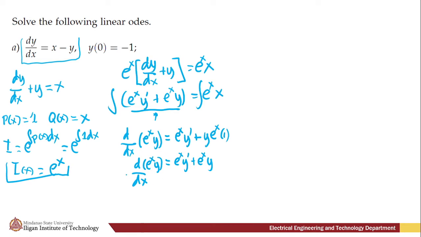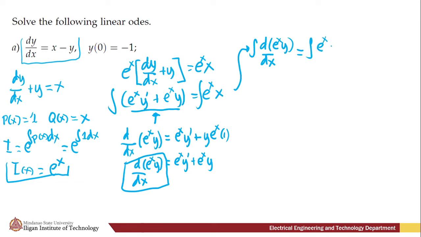So now we can substitute this back into our differential equation so that it will be easy for us to integrate. So this becomes the integral of d of e raised to x times y over dx equals the integral of e raised to x times x.